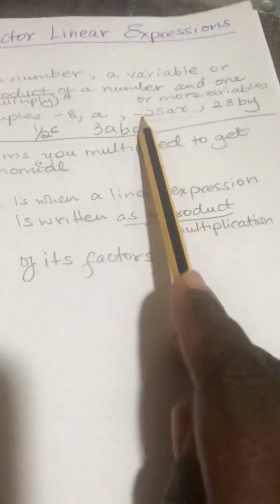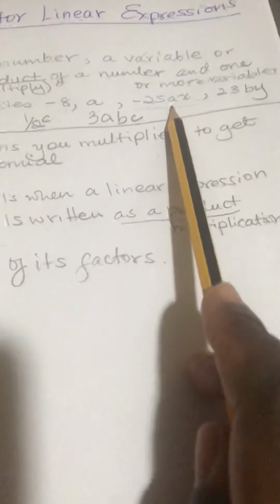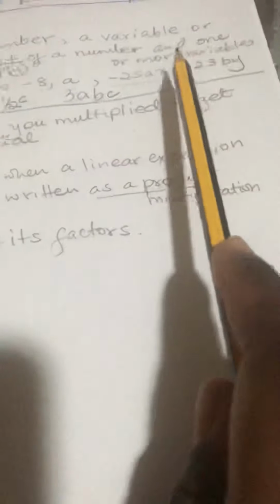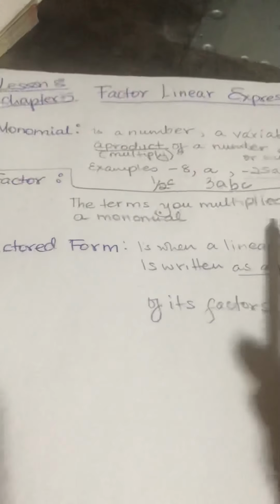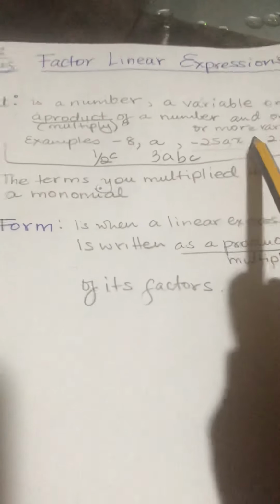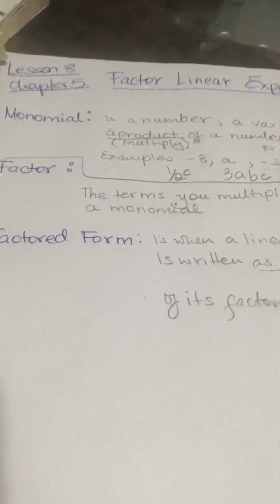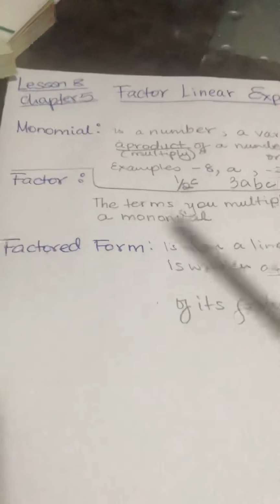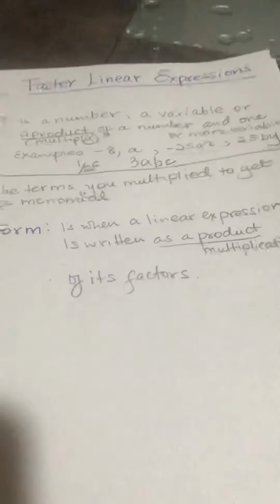I multiplied negative 25 with A with X. Or I multiplied negative 5 times positive 5 times A times X. So whatever you multiplied to get the monomial, those are what we are calling the factors. And you remember, factors can be positive or negative.